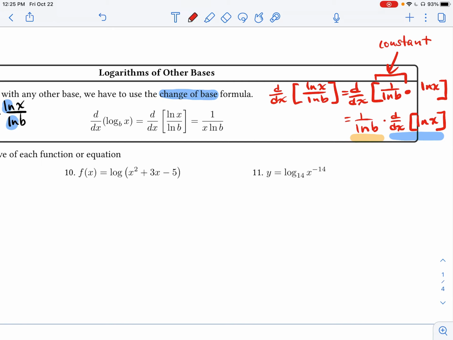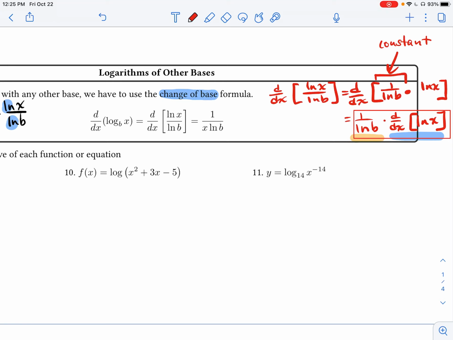The main thing to remember, let me box this, is that it doesn't really matter how we write it. To find the derivative of any logarithmic function, it is simply 1 over the natural log of that base times the derivative of the natural log of your argument.